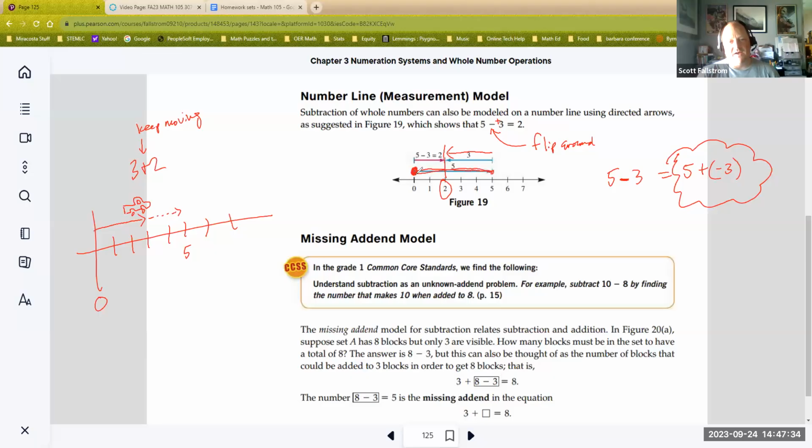I go forward 5 because it's positive, keep my car facing the same direction, and then I put it in reverse. So this little negative here is like put it in reverse and just back up 3 units. Now my vehicle is sitting right here. It's the same answer, but I don't have to do a subtraction. I have to flip my car around and drive forward. So to me, I definitely prefer adding the opposite. And we'll see how that goes the rest of the time.